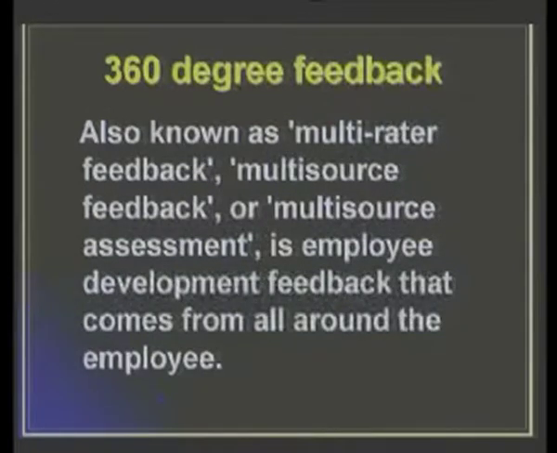That means everyone or most of the people in the organization who could perhaps give feedback about you will give feedback, not each and every one, but maybe in your department, your colleagues and others.